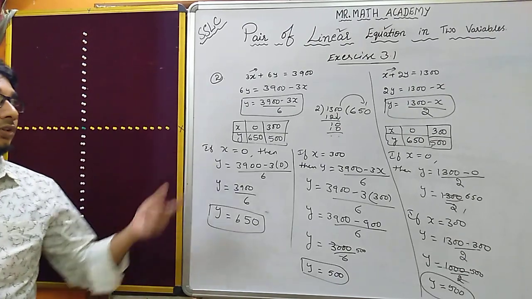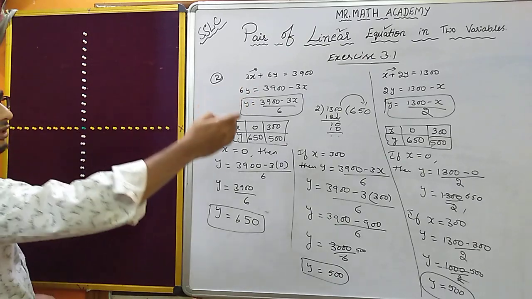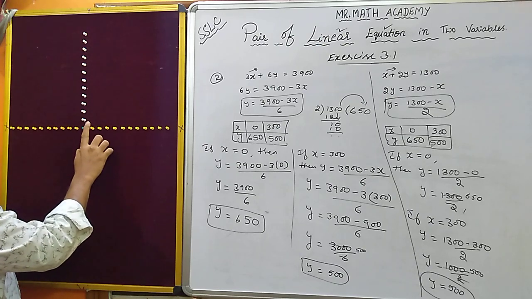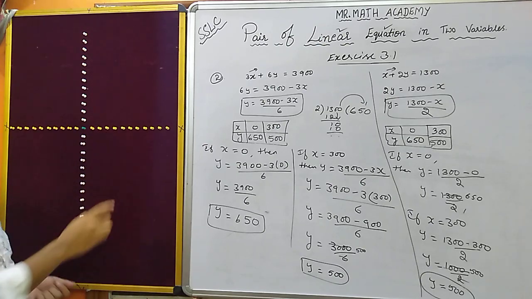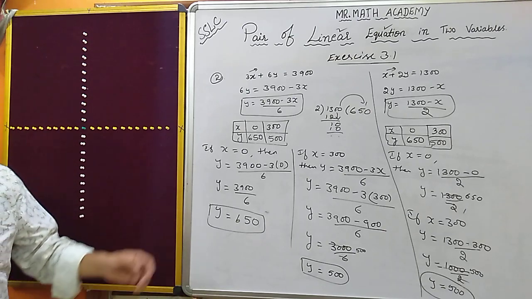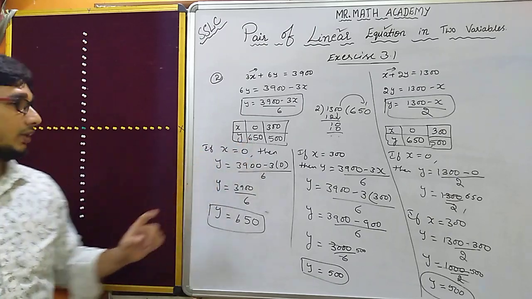Dear student, let me plot these points. See here 1, 2, 3 is there. Till 600, 500 it is not there. So we will consider it as 0, 100, 200, 300, 400, 500 like that. First I will plot this one. x is 0, y is 650.